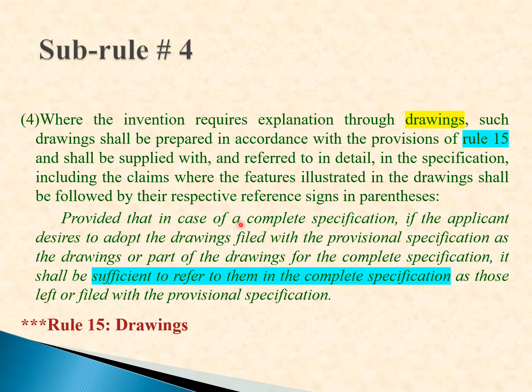Provided that in case of a complete specification, if the applicant desires to adopt the drawings filed with the provisional application as the drawings or part of the drawings for the complete specification, it shall be sufficient to refer to them in the complete specification as those filed with the provisional application.